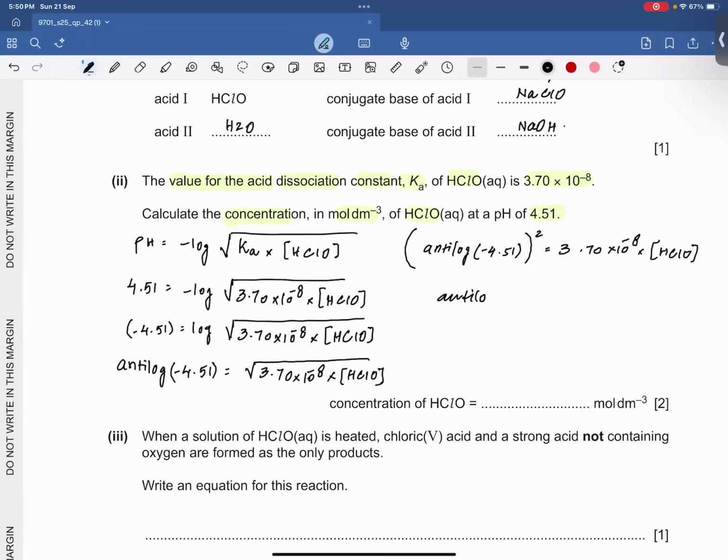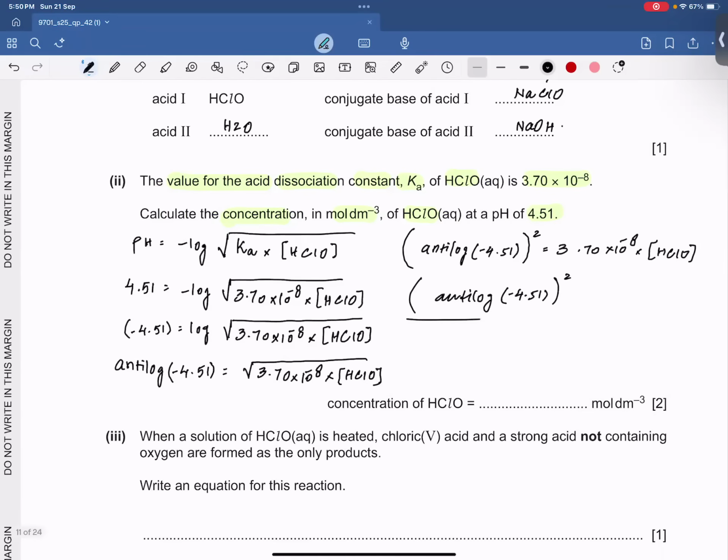And this antilog minus 4.51 squared is going to be divided by the value, which is 3.70 into 10 to the power minus 8. So the concentration of HClO is going to be 0.02580 mole per dm cube. And that's the concentration. I hope you get the steps. If you have any issue in these steps, let me know. I'll give you the reply on the channel, okay?